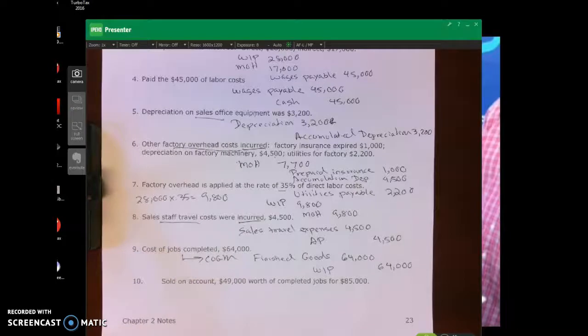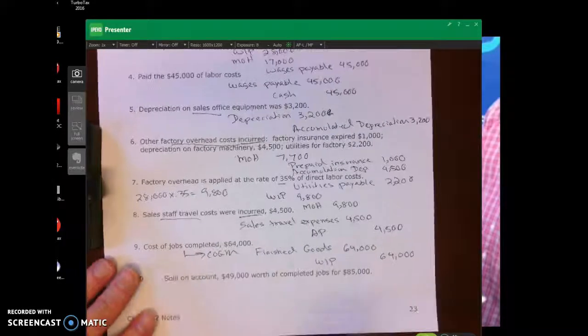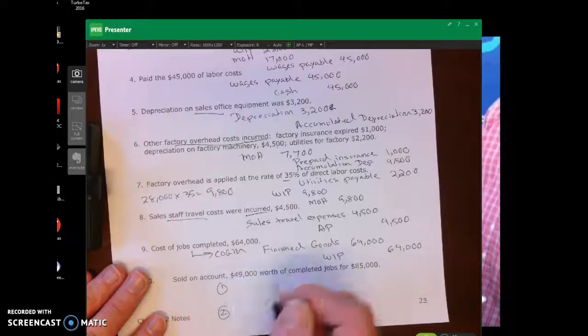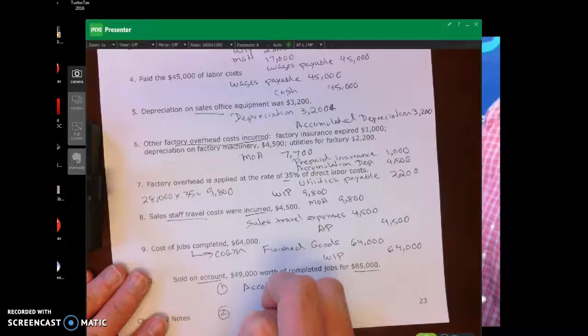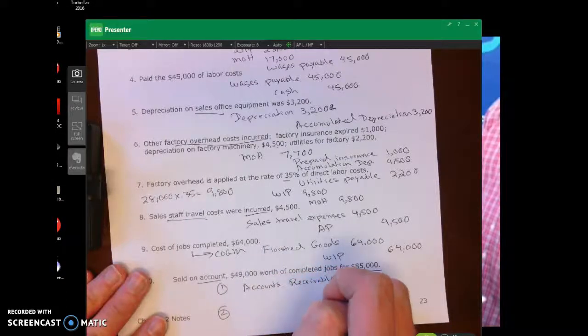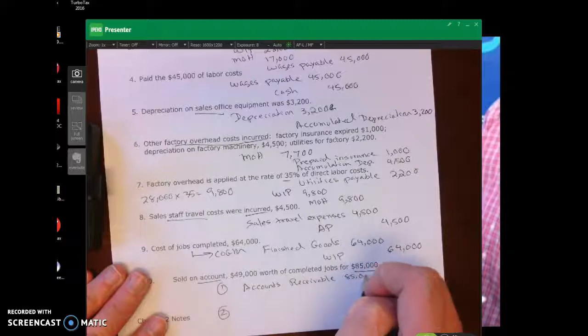The last one that we have over here is sold on account, $49,000 worth of completed jobs for $85,000. Remember, we have to do two journal entries. First one is to recognize the sale. So sold on account, that means we didn't sell it for cash, so it's a debit to accounts receivable, $85,000.